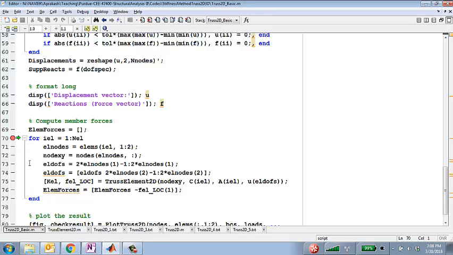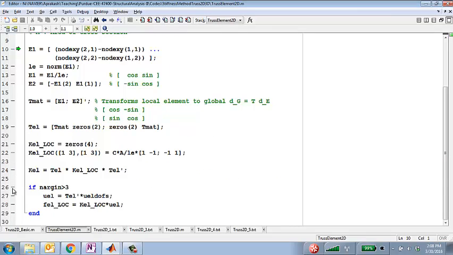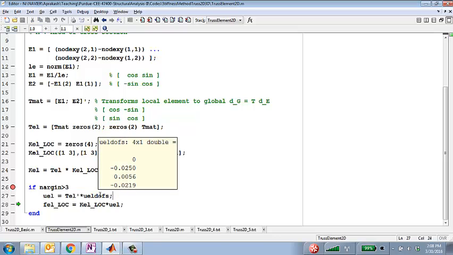So for the element forces, once again, we'll go through the for loop, go in here and inside here, go to this line. These last 3 or 4 lines in that truss element 2D calculate the internal element forces. This line 27 takes the global degrees of freedom, which for element 1 is connecting nodes 1 and 2.